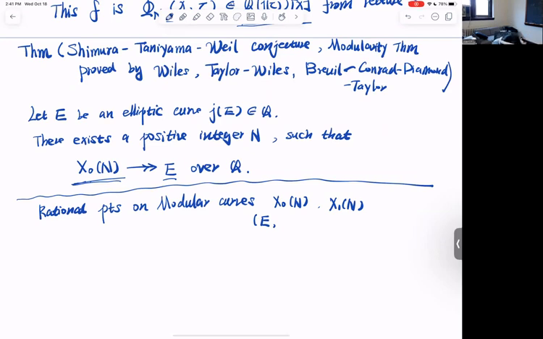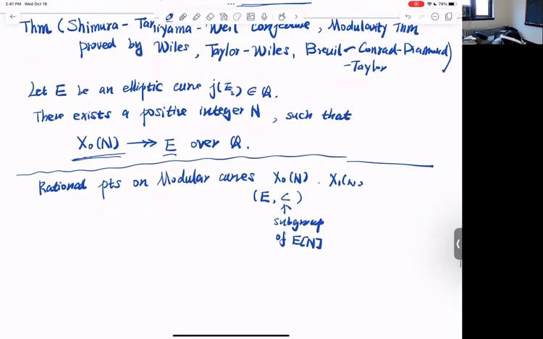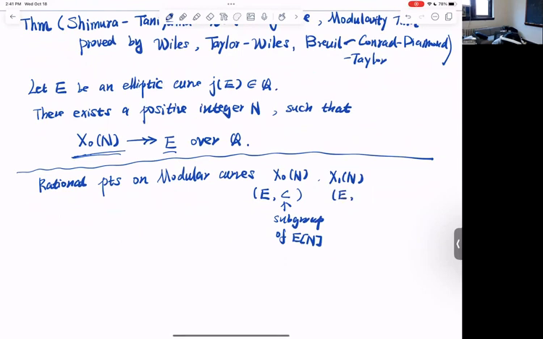X0(N) parameterizes a subgroup C of the N-torsion of E, and X1(N) parameterizes E with P, where P is literally an element in E[N] of order capital N. So this tells us that if I want to construct such a pair, I should study the N-torsion subgroup of E.